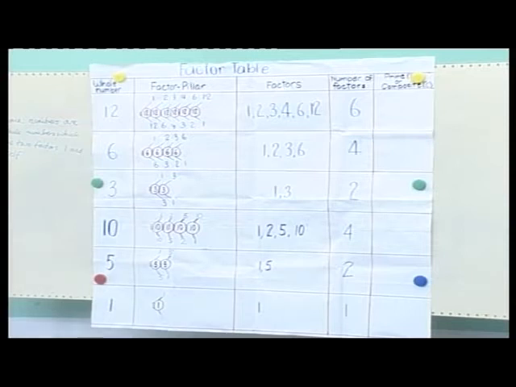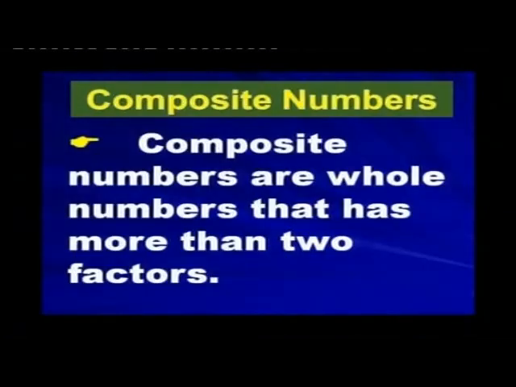Now, students, whole numbers which have more than 2 factors are called composite numbers. Okay? Whole numbers which have more than 2 factors are called composite numbers.